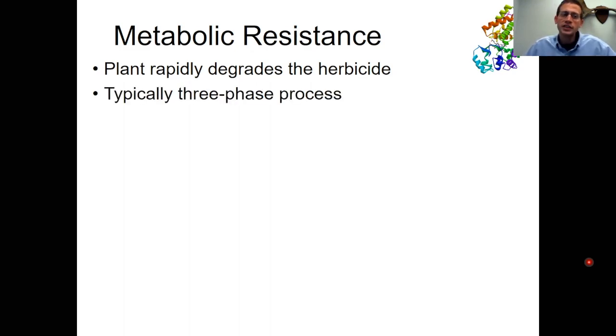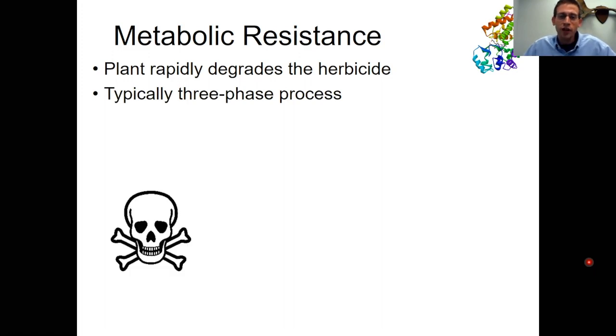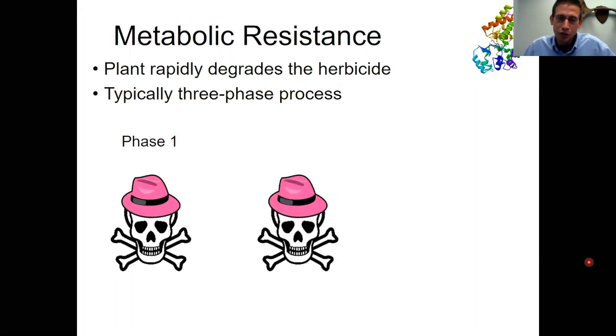So metabolic resistance is typically a three-phase process. Phase one involves a slight modification of the herbicide, which predisposes it to further modification. Phase two involves combining that herbicide with a compound such as a sugar that facilitates the final step.